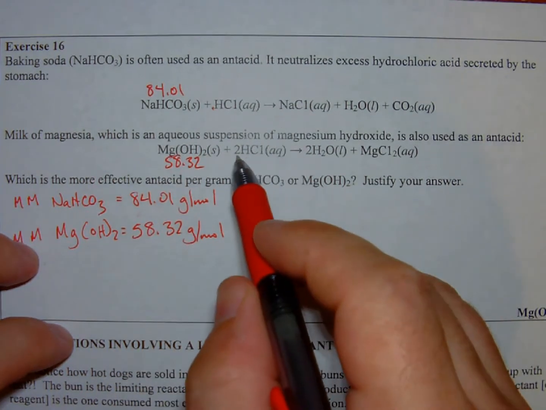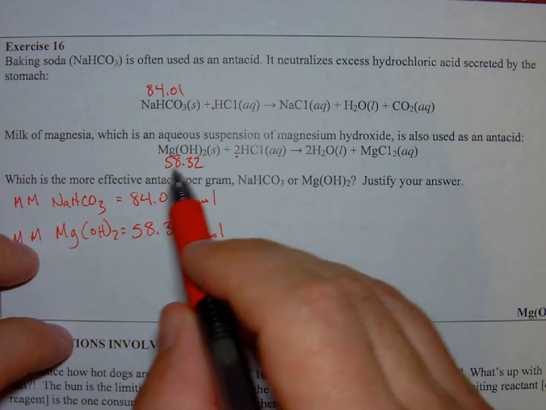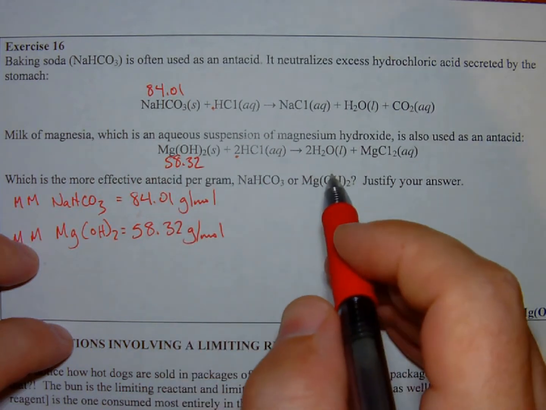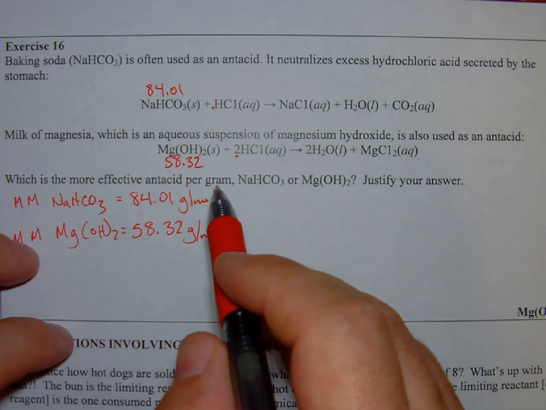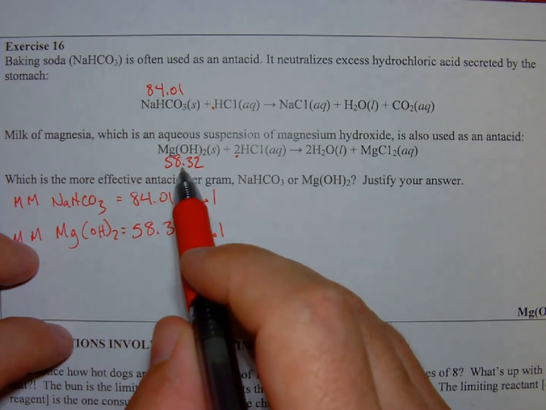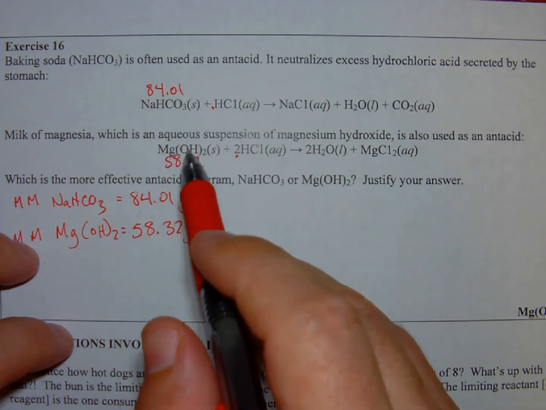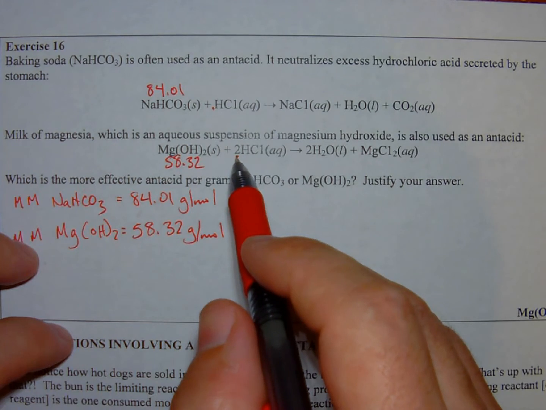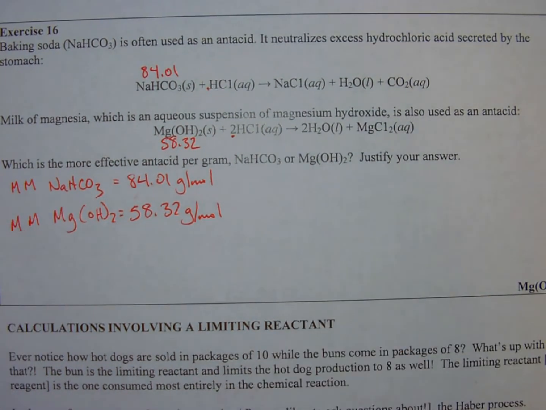In order to neutralize 2 moles of HCl, I only need 58.32 grams. So, which one is more effective per gram? I can use less grams of milk of magnesia, quite a bit less actually, and neutralize twice as much HCl, right?